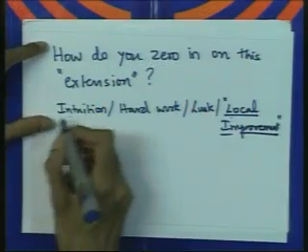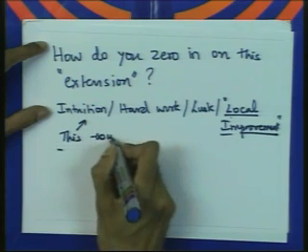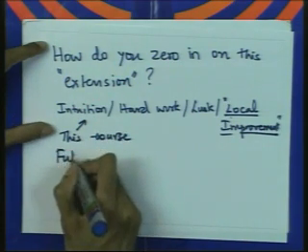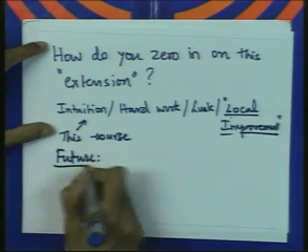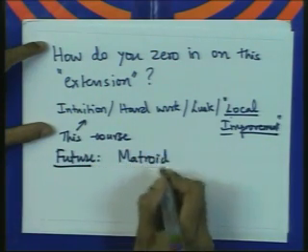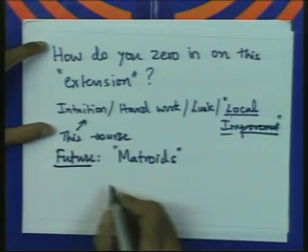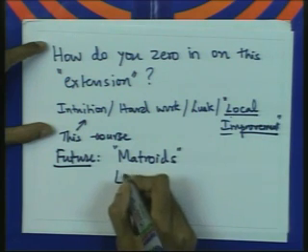There are two subjects, and I will strongly encourage you to read about them in future. One is matroid theory, the theory of matroids. And the second one is linear programming.